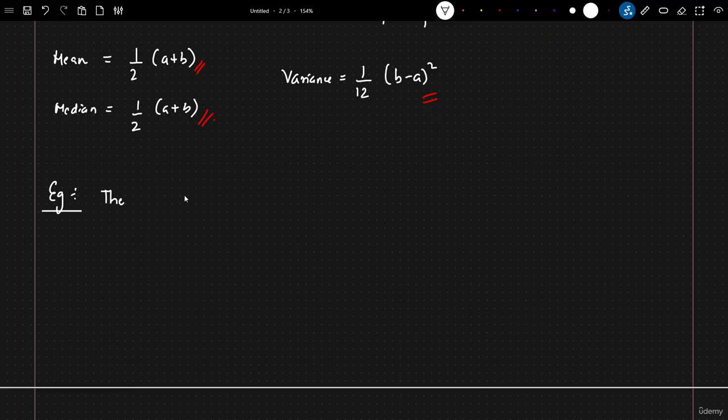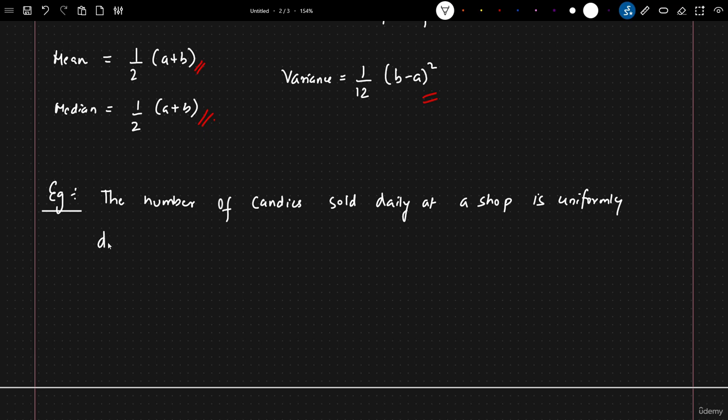Let's say I have a problem statement. The number of candies sold daily at a shop is uniformly distributed with a maximum of 40 candies and a minimum of 10 candies.